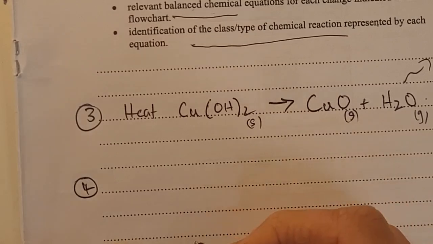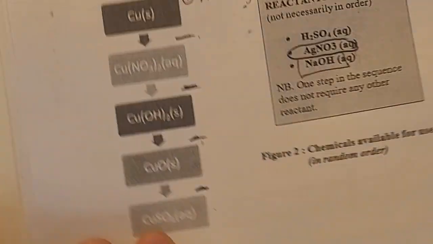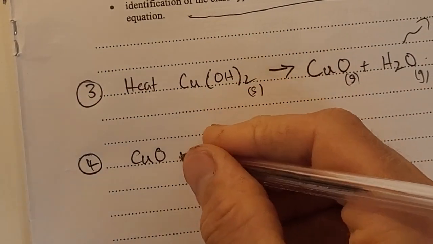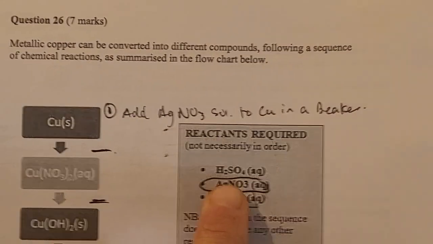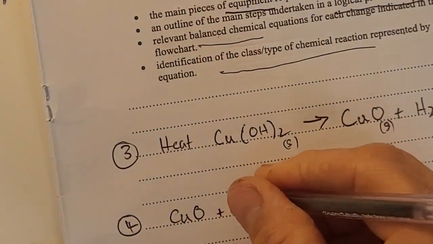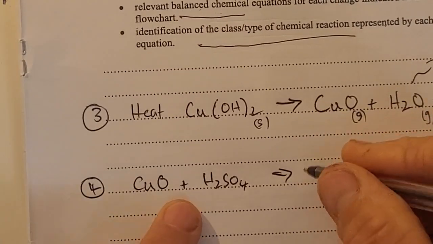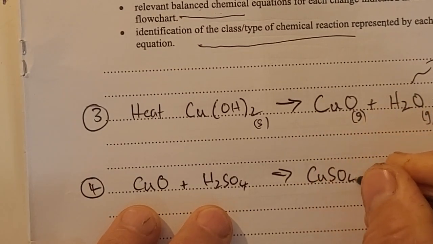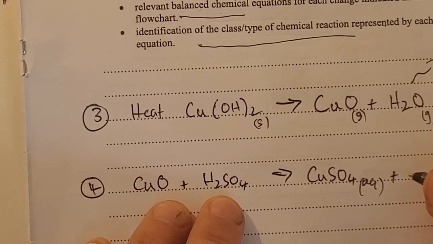The last step is going from CuO to copper sulfate. What's the last reaction? H2SO4. And what do you get? You get copper sulfate plus H2O.